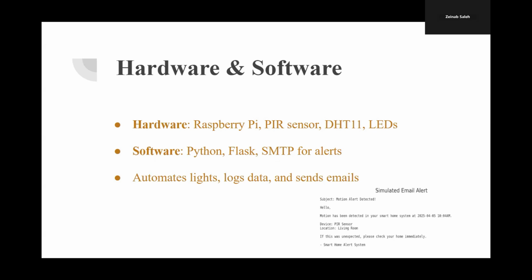The system is built around the Raspberry Pi 4 as the main controller. It connects to a PIR motion sensor to detect movement and a DHT11 sensor to monitor temperature and humidity. LEDs are used to simulate smart lighting. On the software side, Python controls all the logic and sensor communication.